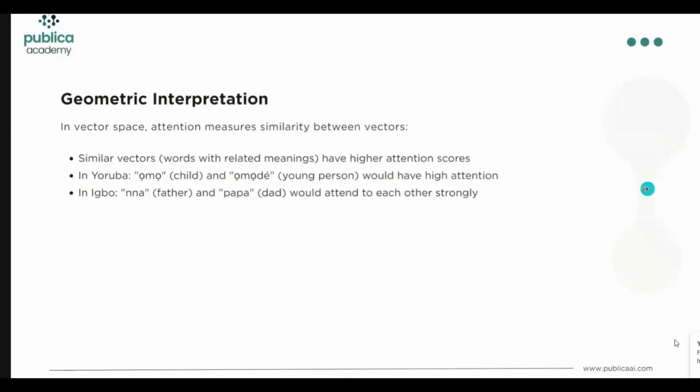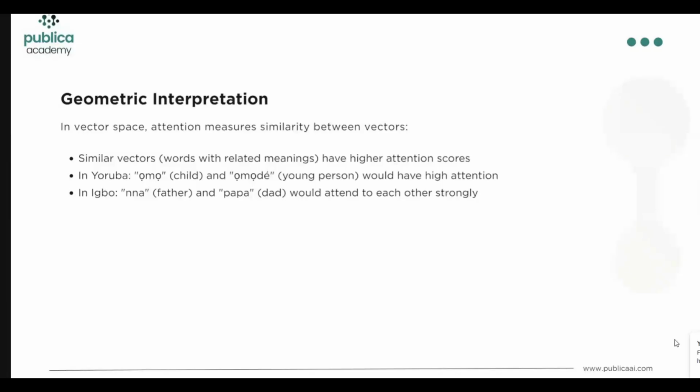All right, moving on. Geometric interpretation. What we just did was the intuition behind it; this is the geometric intuition now. Let's get this part clear. In vector space, attention measures similarity between vectors.